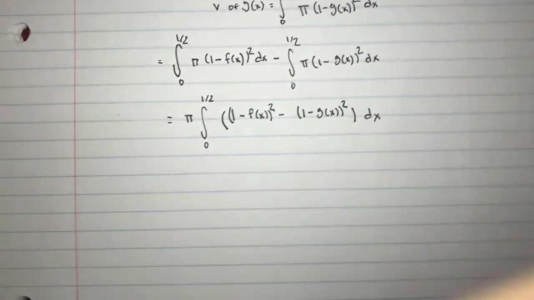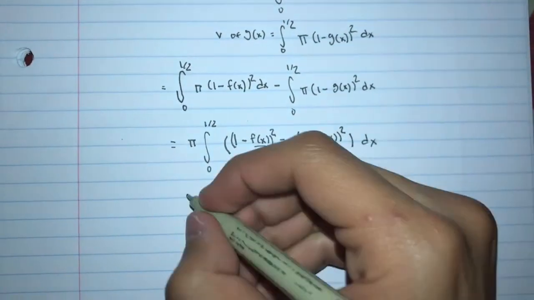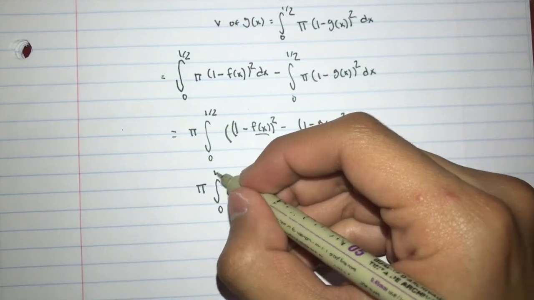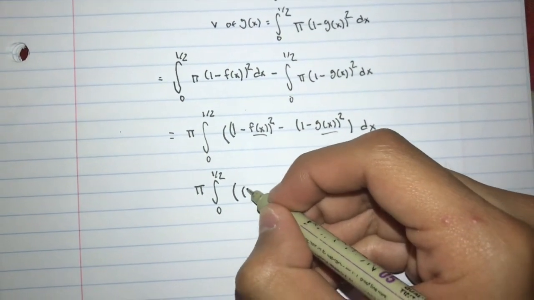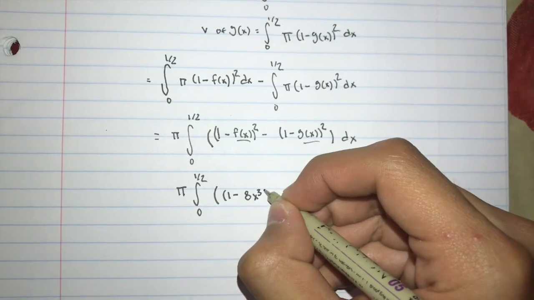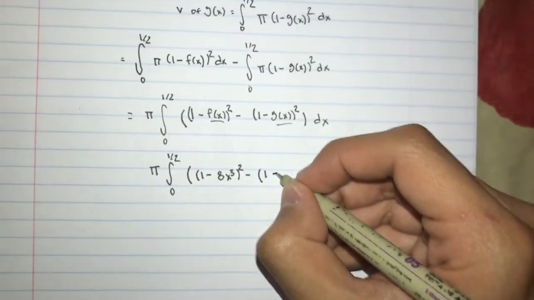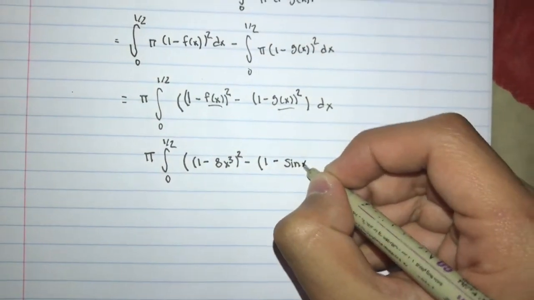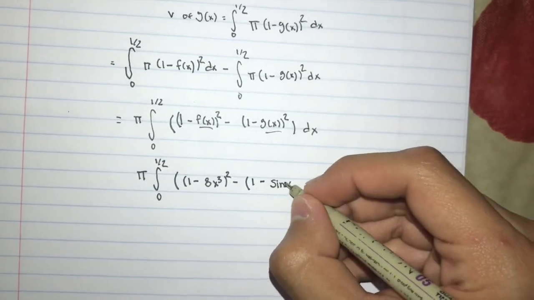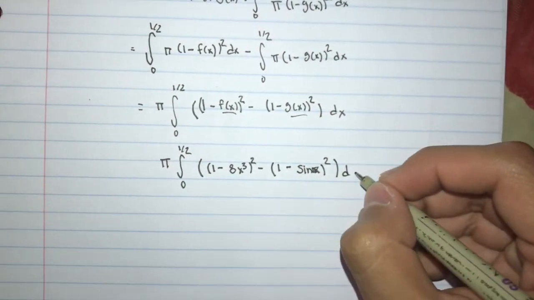If we want to go more in the simplified sense, we will plug in these functions, having the ultimate solution of pi multiplied by the integral from 0 to 1/2 of (1 minus 8x cubed) squared minus (1 minus sine pi x) squared, with the dx.